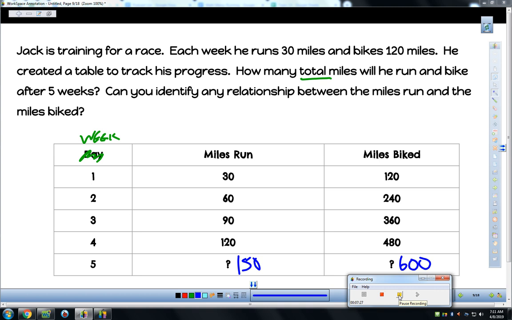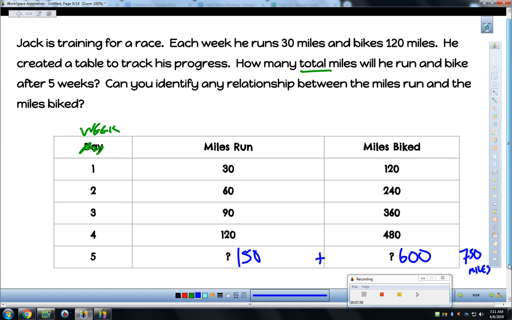That is a lot of running, and that's a lot of biking. So the total after 5 weeks is that he's gone 750 miles total. I got that by just adding the two numbers together.